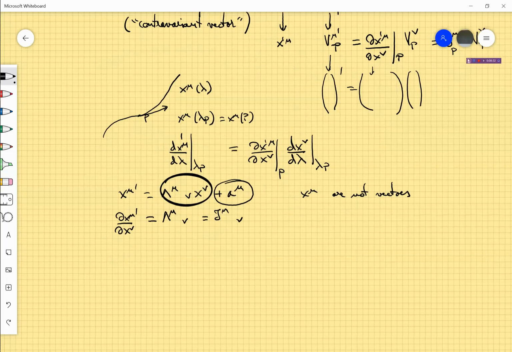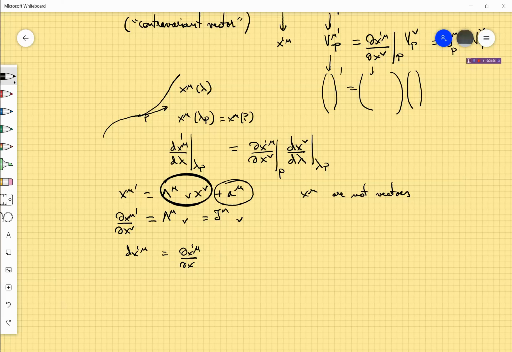Okay, another example of something that transforms as a vector is these differentials, because according to the chain rule they transform in this way, but it is not so easy to evaluate them.